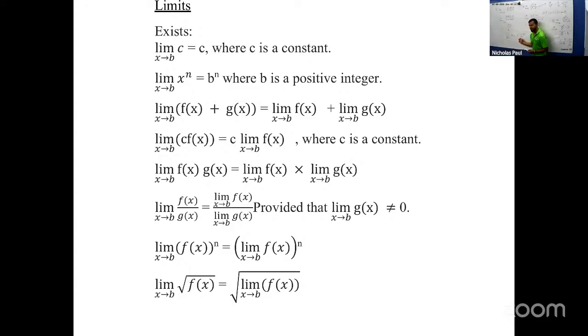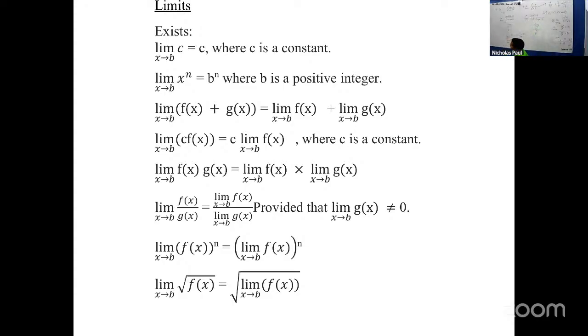Because remember I showed you in the first one, the limit as x approaches b of C is C. So technically you can just pull the C outside, just like integration or summation.